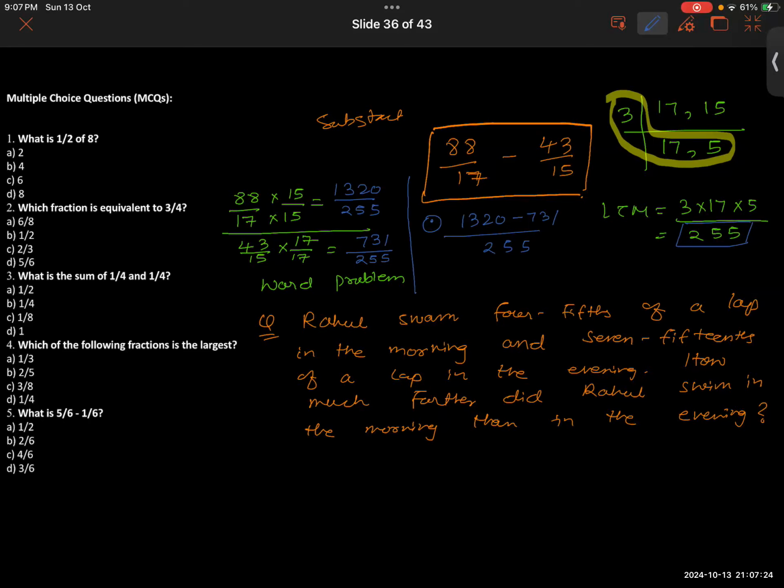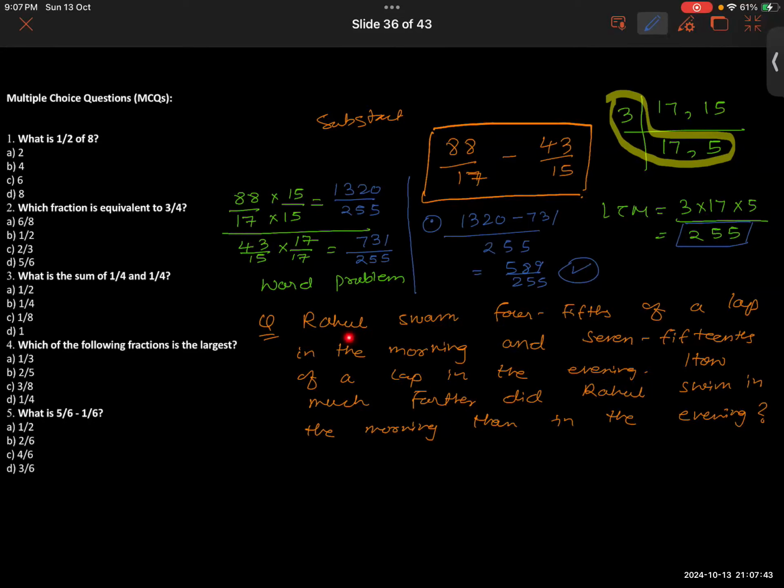Is the answer 589 upon 255? Very good. That is 589 upon 255. Well done. Okay. Now read the question properly, and write the question also in your copy and solve this.